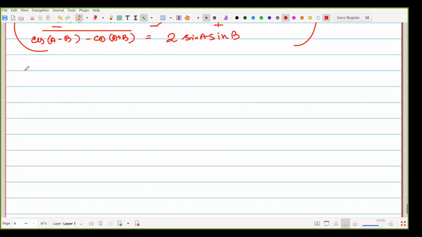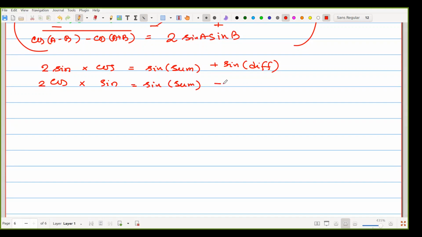We can write them in a single word: 2 sine into cos is sine of summation plus sine of difference. 2 cos into sine is sine of summation minus sine of difference. 2 cos into cos is cos of summation plus cos of difference.